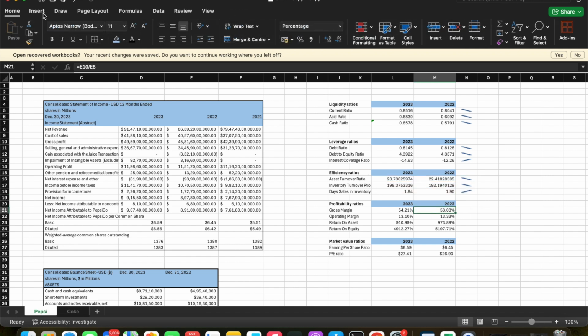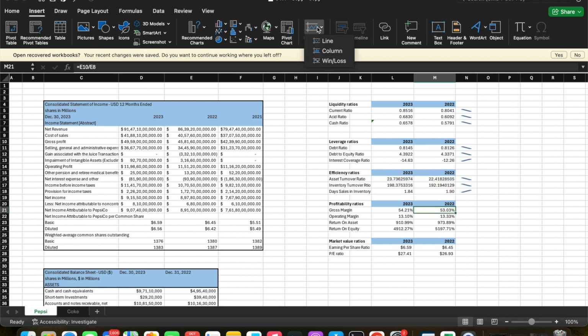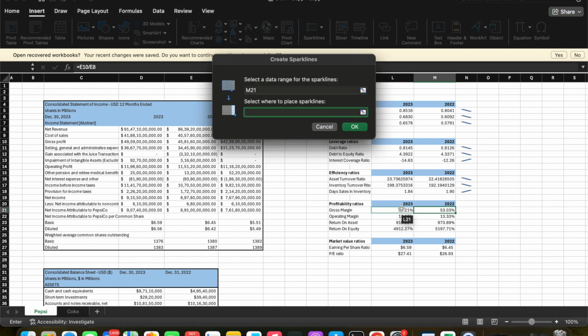And finally we got left with profitability ratios and the market value ratios.